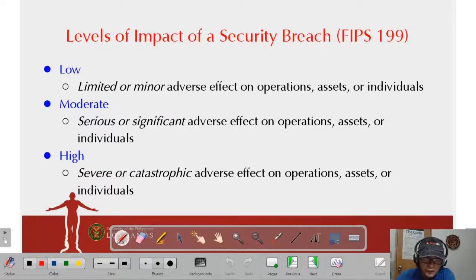Now, let's talk about the levels of impact of a security breach. A security breach is a violation or a loss of confidentiality, integrity, and availability. Any loss of those can be considered a security breach, but not all security breaches are at the same level.